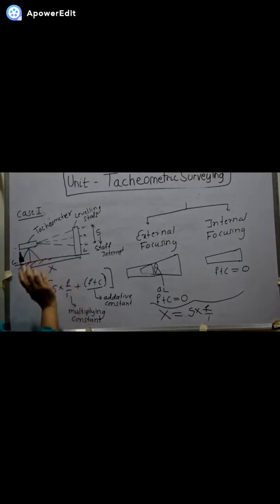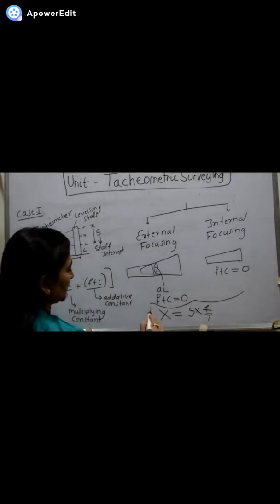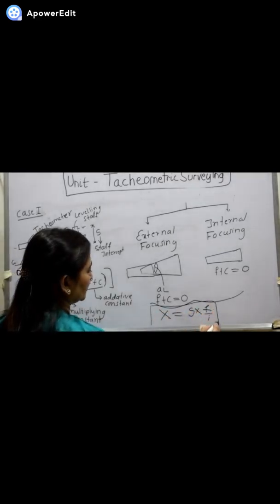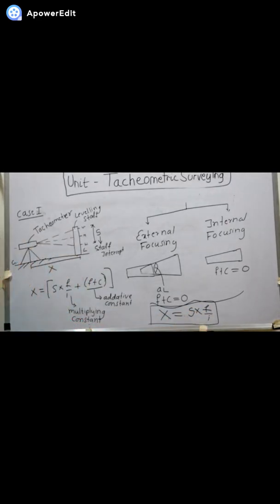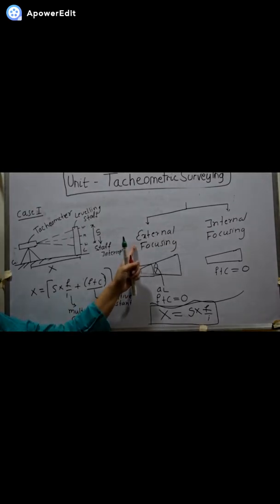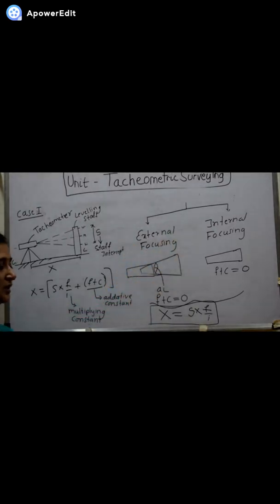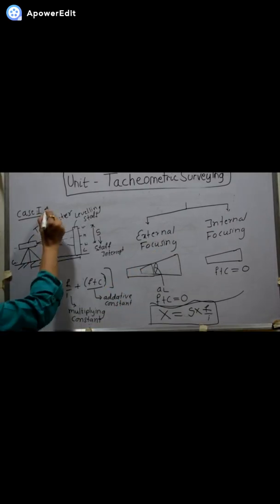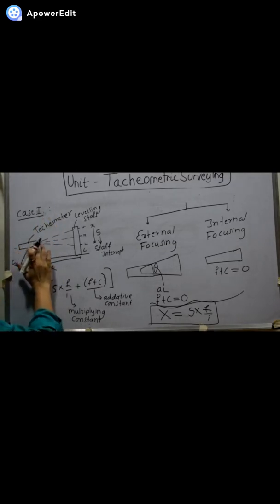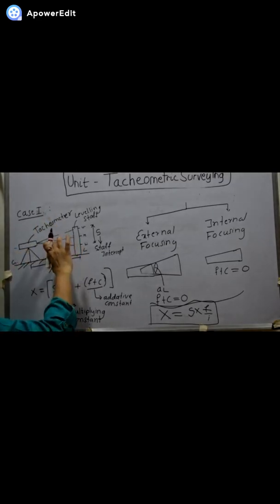There is no vertical angle. Then the horizontal distance will be calculated by the simple formula D is equal to F by I times S when it is an analytical lens in case of external focusing, and in case of internal focusing, by default the value of additive constant is 0. So this is case 1, where the line of sight is horizontal and kept parallel to the ground.